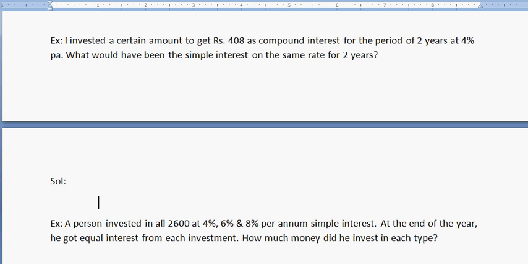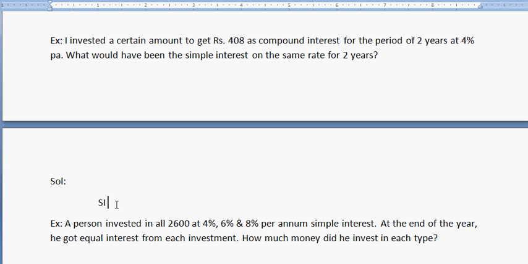So let's do it. It says that I invested a certain amount to get 408 as compound interest for 2 years at 4%. Had it been invested at simple interest, what would be the simple interest? If I invest a certain amount on simple interest for 1 year, I would get a simple interest SI. This would be added to the original principal, and for the next year the compound interest would be calculated on P plus SI.